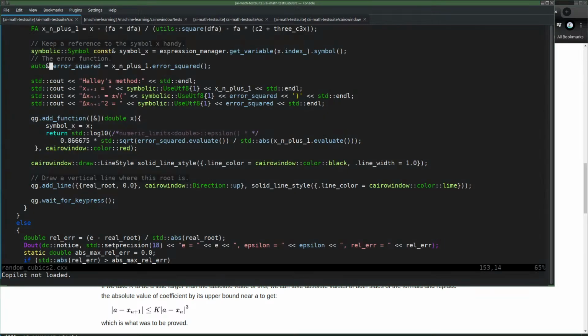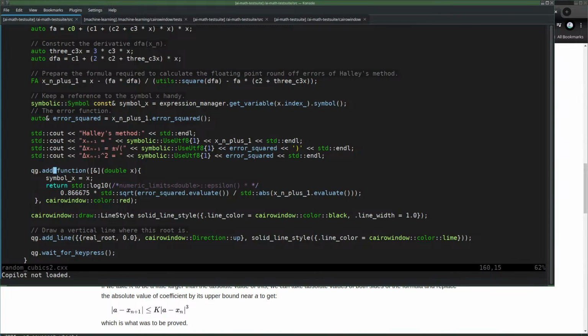Oh, wait a minute, I can't evaluate that because it's not a symbolic expression. It's an FA. So I have to turn the FA into a symbolic expression first. How do we do that?